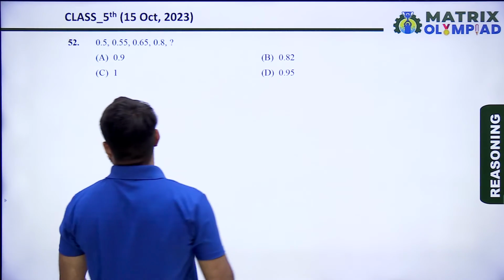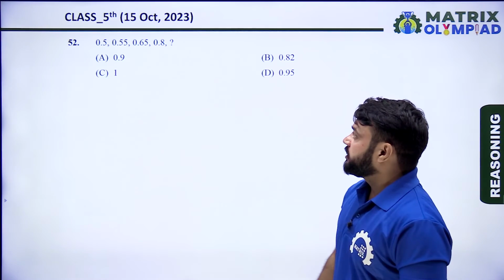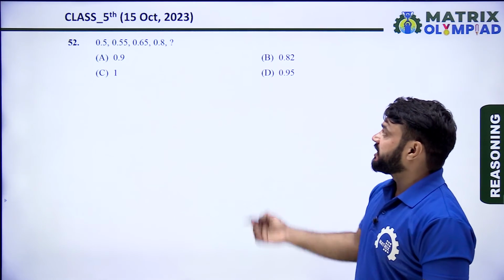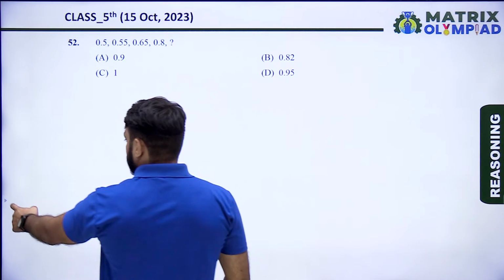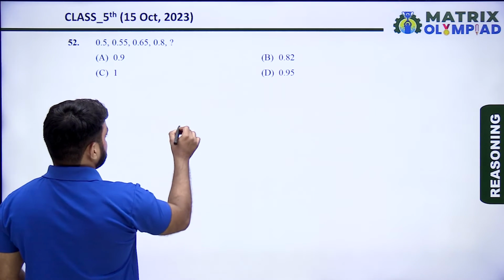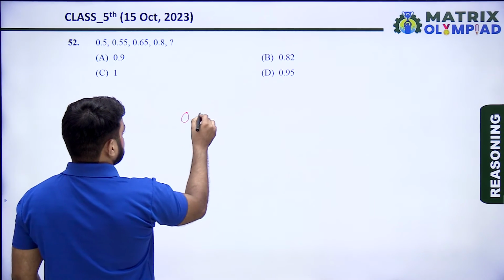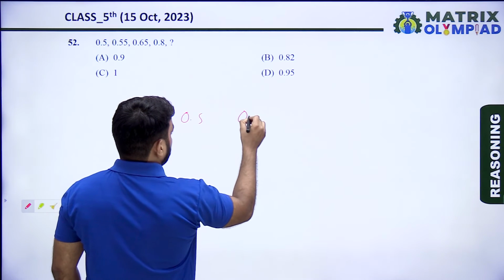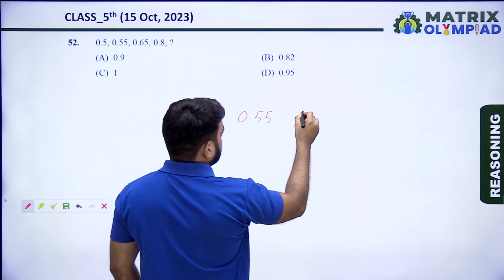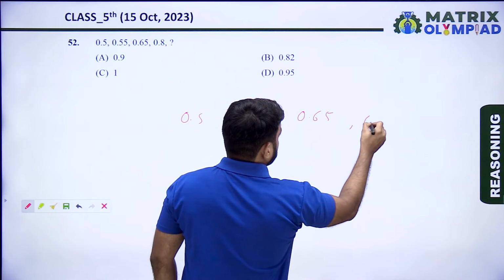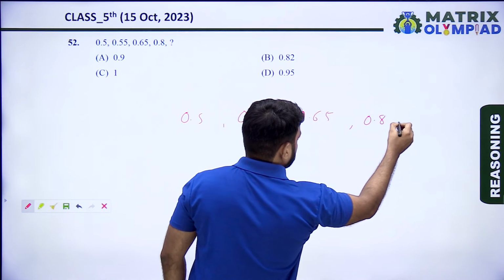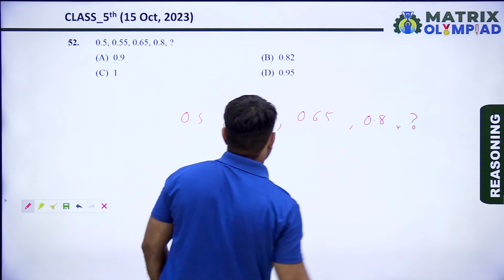So the next question is 0.5, 0.55, 0.65, 0.8 and find the next term. So the series is 0.5, 0.55, 0.65 and 0.8 and find the next number.